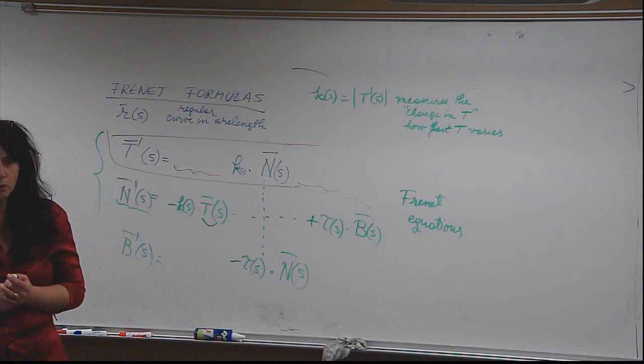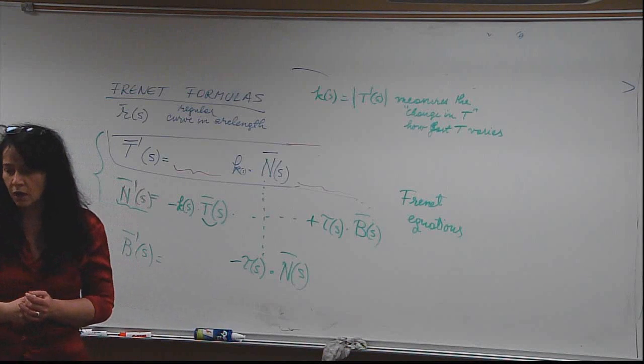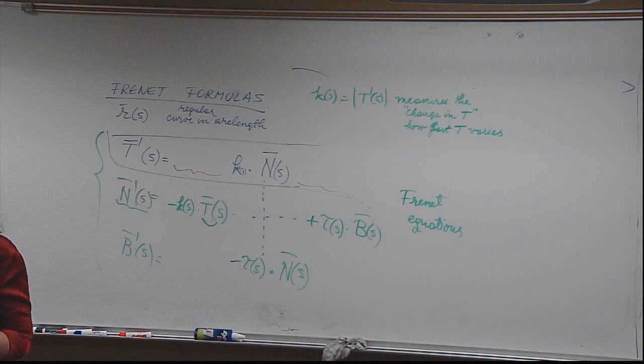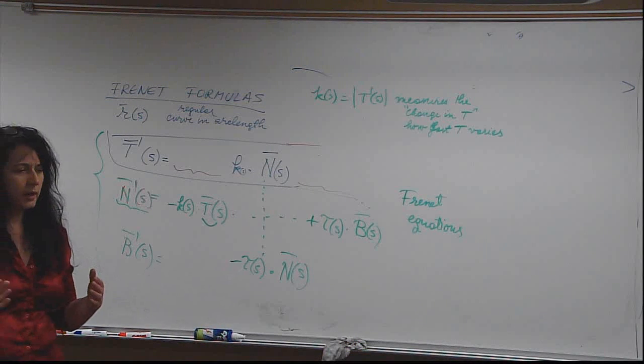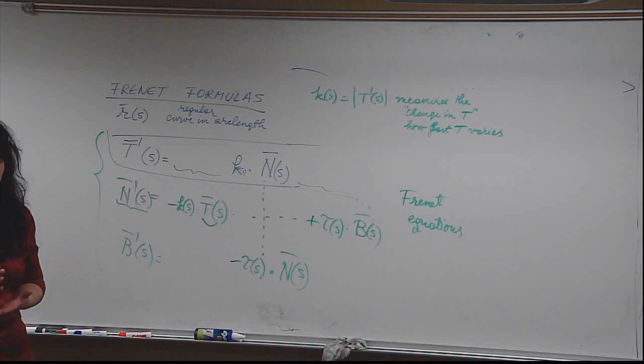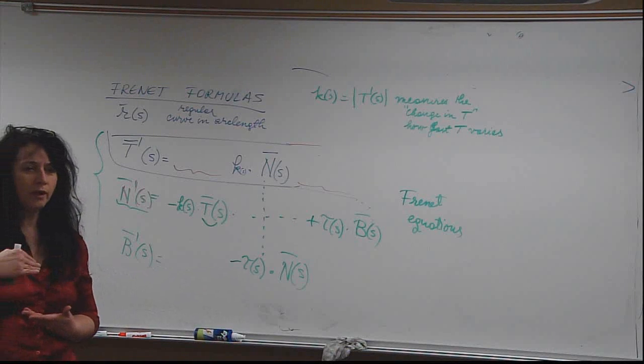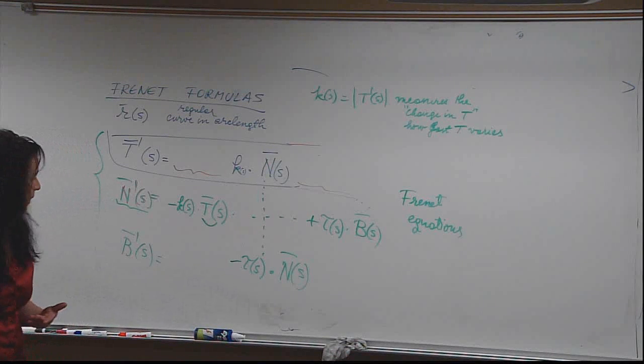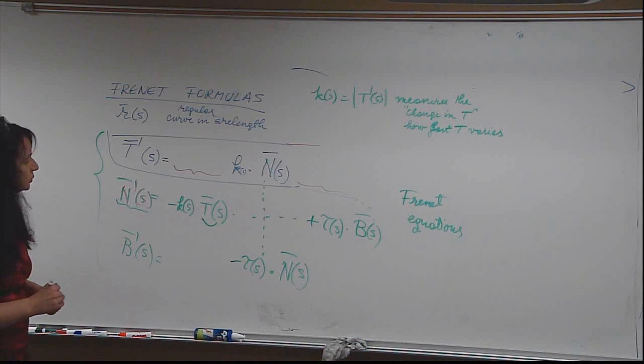But there must also be a function that shows you how a curve twists, because you have not just plane curves where you care about curvature only, but in space curves you care how the curves twist. How fast do they move away from a certain plane?